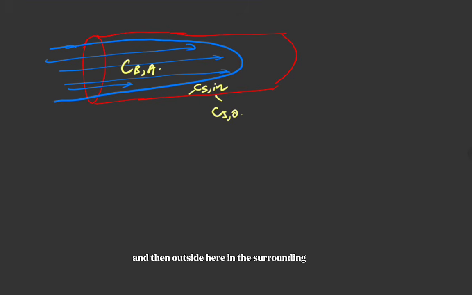And then outside here in the surrounding, there is also a concentration of A in the surrounding. Right? So the way these things move, you can see it now: from the bulk fluid to the inner surface, from the inner surface to the outer surface, from the outer surface to the surrounding. So now let's just rewrite it.